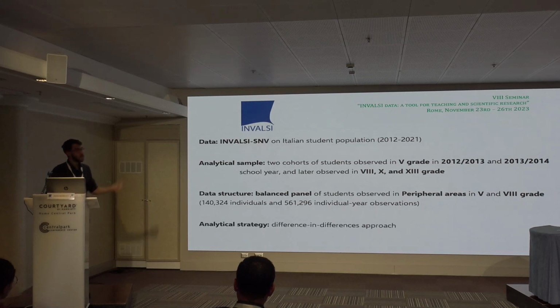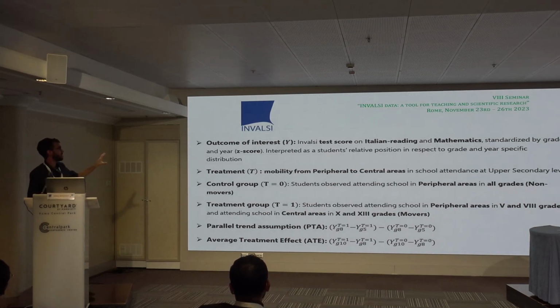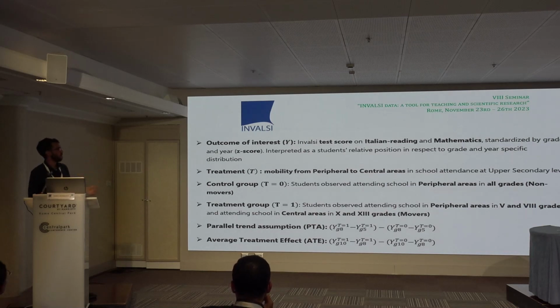As for the analytical strategy to model the effect of school mobility, we rely on a difference-in-differences approach. In particular, our outcomes of interest are the INVALSI test scores in Italian reading and math, which are standardized by grade and year.